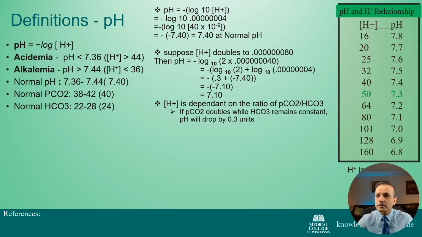In that case, the pH is going to go down to 7.10. Hydrogen ion is dependent on the ratio of PCO2 and bicarbonate, which we're going to talk about in the next slide. If PCO2 doubles while bicarbonate remains constant, pH will drop by 0.3.